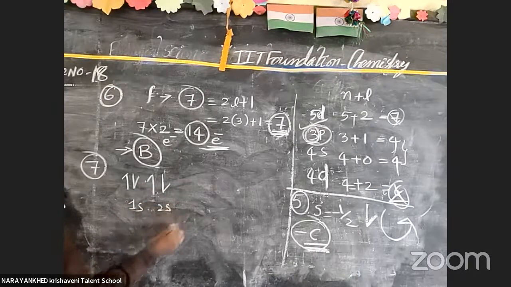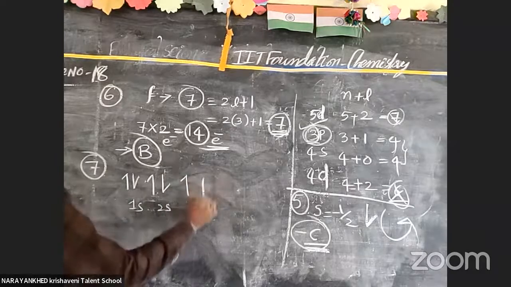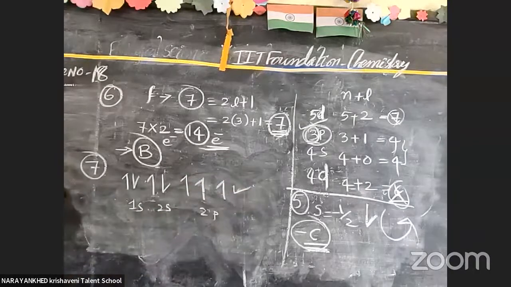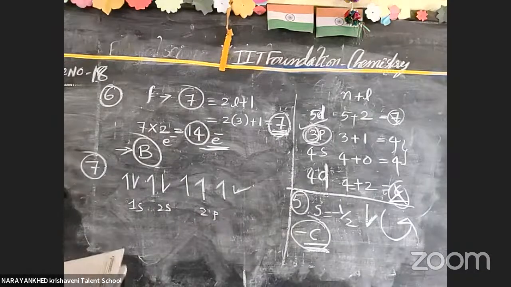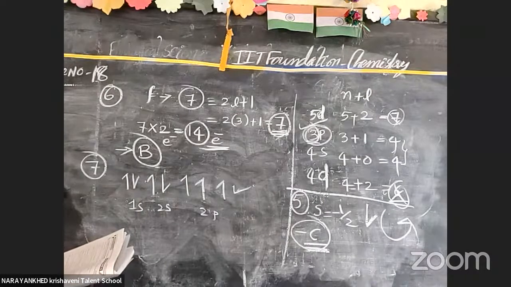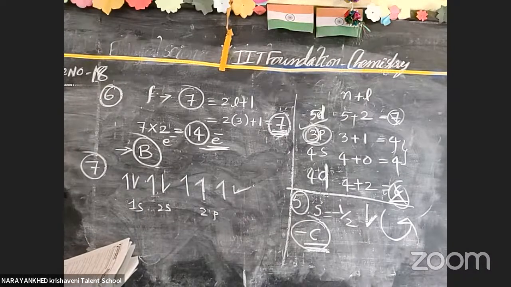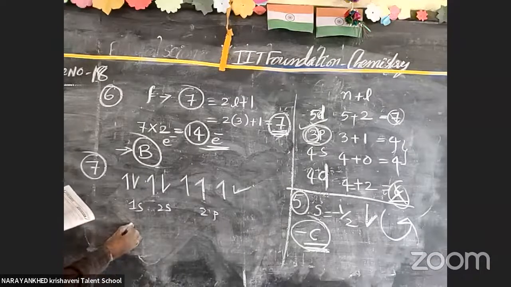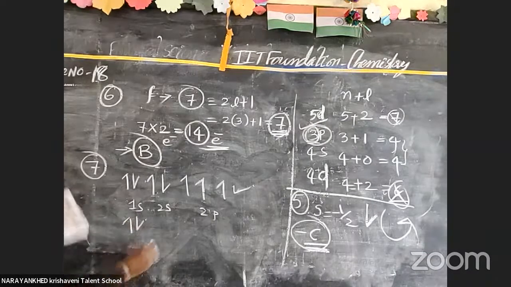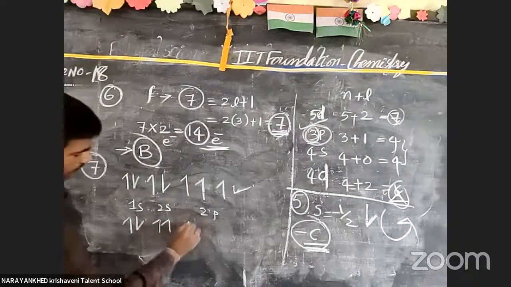This is 2s. This is 2p. Yes, it is a correct one. Now they have given like this. It is the correct one. A and B are given. And the next one is B. Like that they have given.